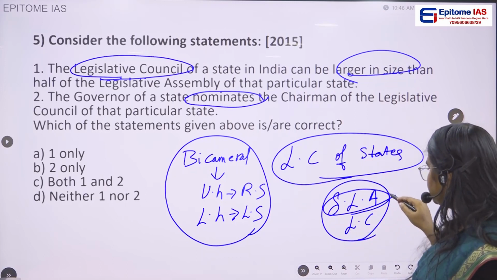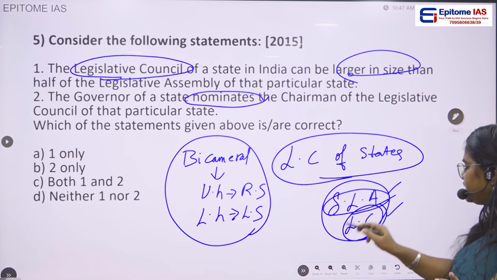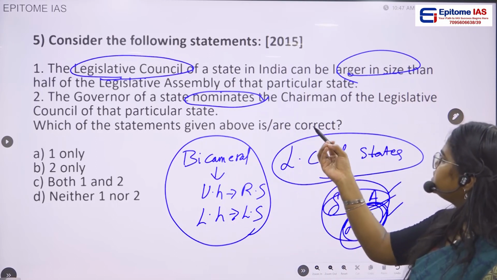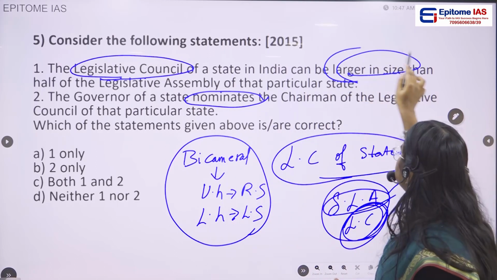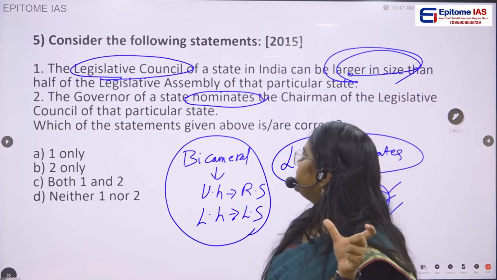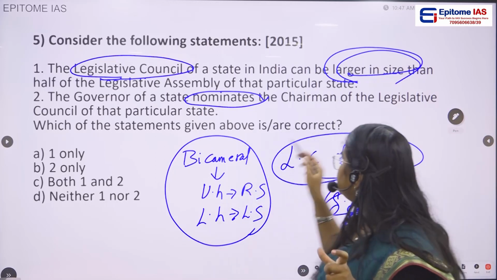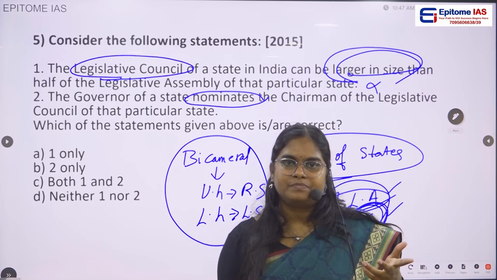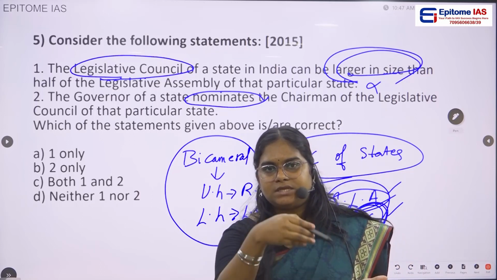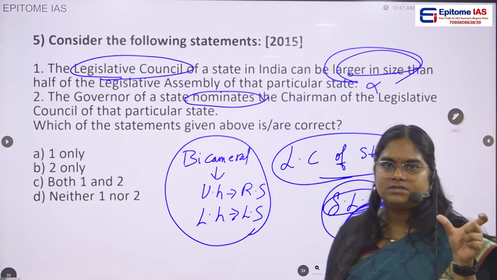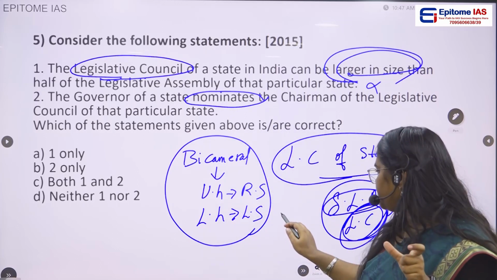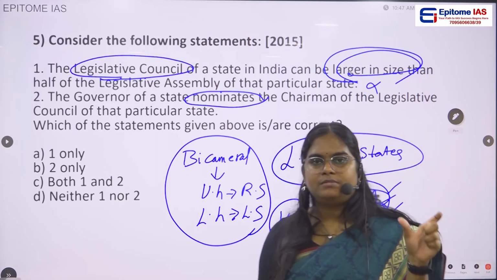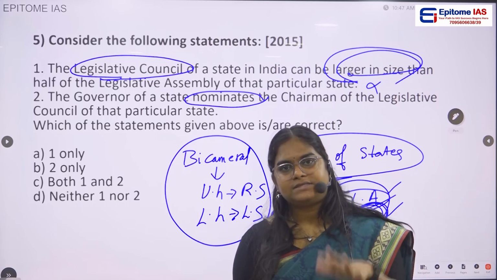So in the case of this bicameral legislature, they are saying that the state legislative council of a state can be larger in size than half of the legislative assembly. This statement is actually wrong. Why? Because the Constitution clearly mentions that whenever a state has a state legislative council, its size should be less than 1/3 of the total members of the state legislative assembly.